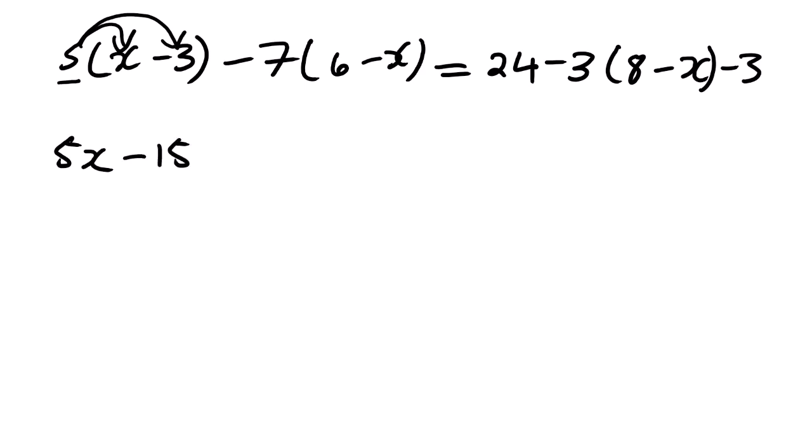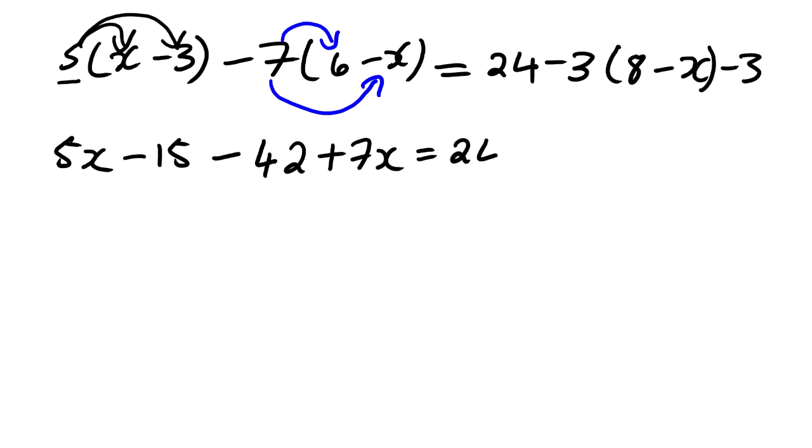Then we move to the next bracket: negative 7 multiplied by 6 is negative 42. Negative 7 multiplied by negative x is actually positive 7x, equals 24.